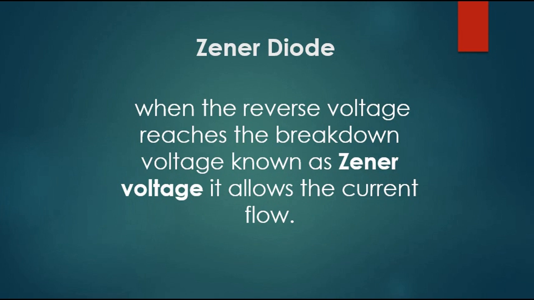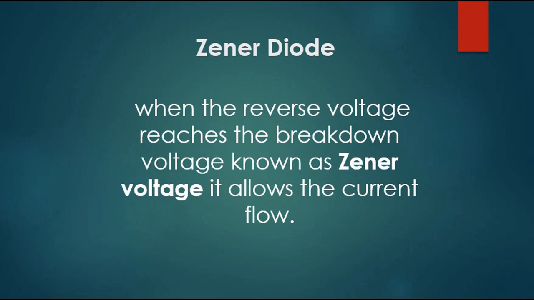When the reverse voltage reaches the breakdown voltage, it is known as the Zener voltage. Now, this is where you need to understand and put it in your memory. Why is it called Zener voltage?